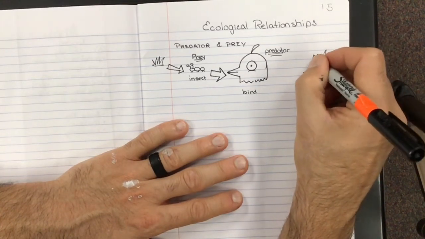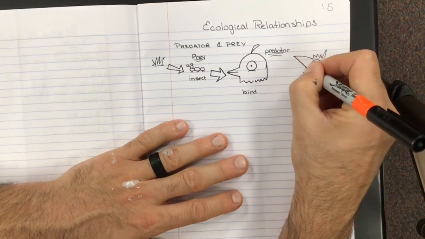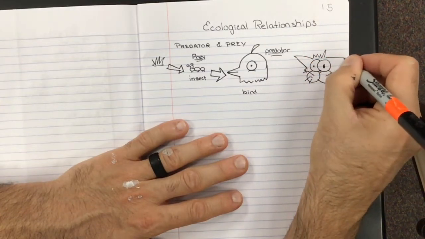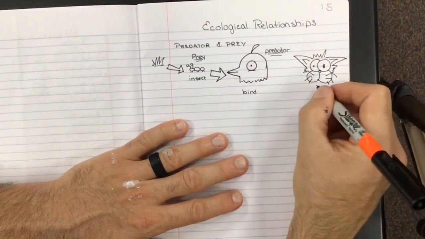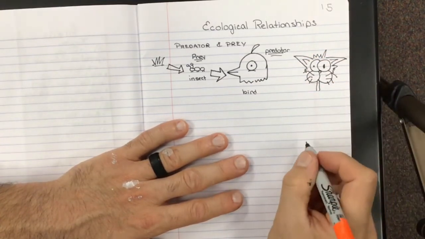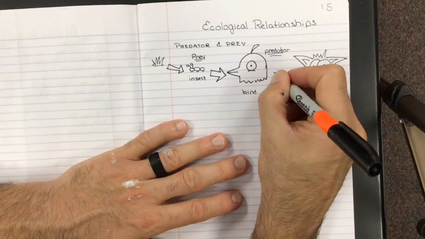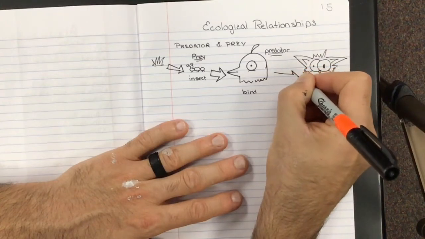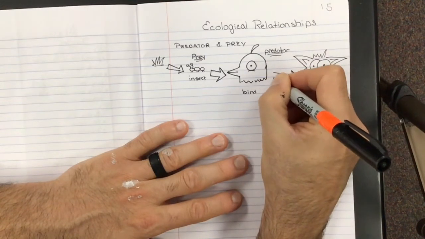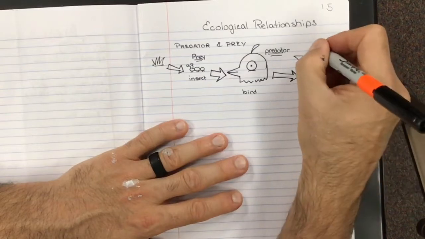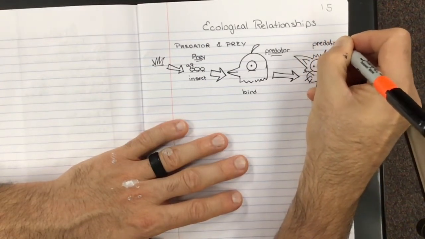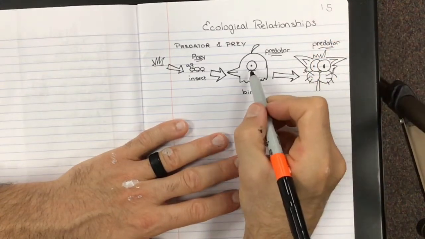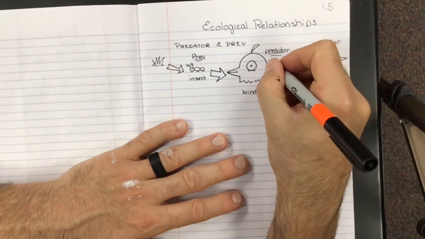I'll make some crazy hair. Here's my crazy cat, okay? The cat could eat the bird, which means the cat becomes the predator and now this guy becomes a prey.